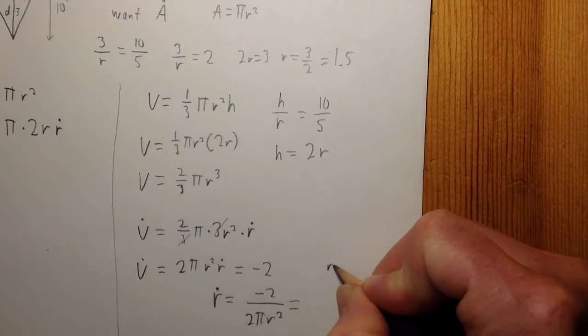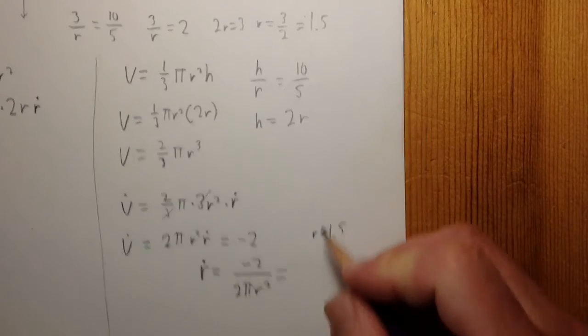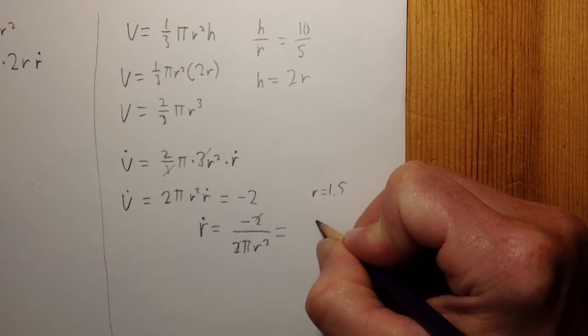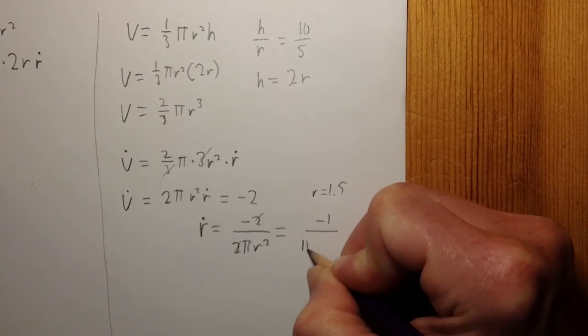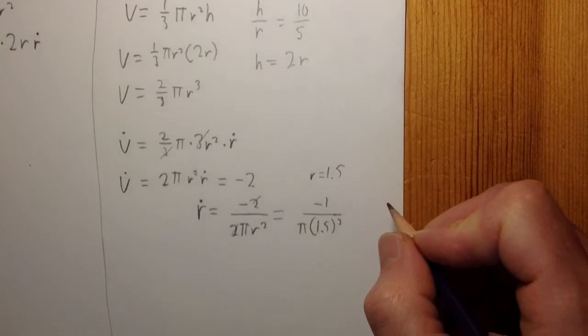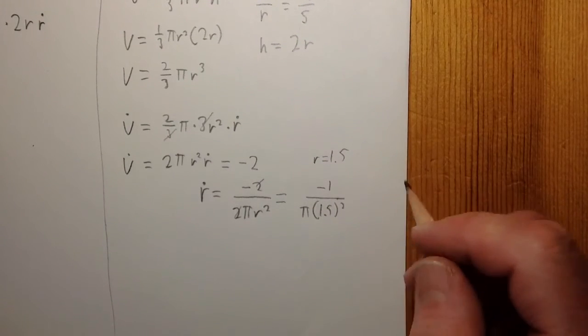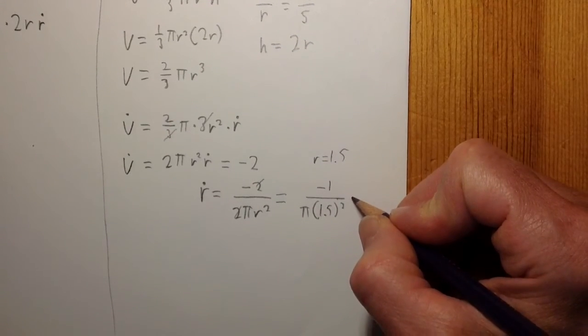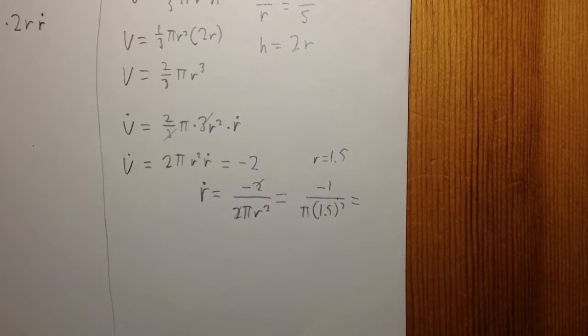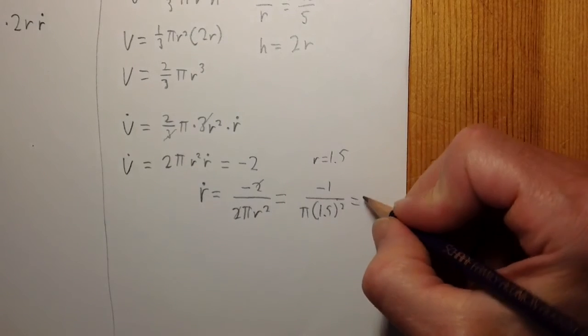So the 2's cancel, so that's -1 over pi times 1.5 squared. And now the question is, do we keep it perfect? We might as well keep it perfect. So 1.5 squared is 2.25.